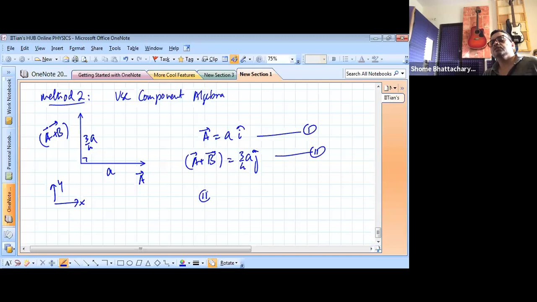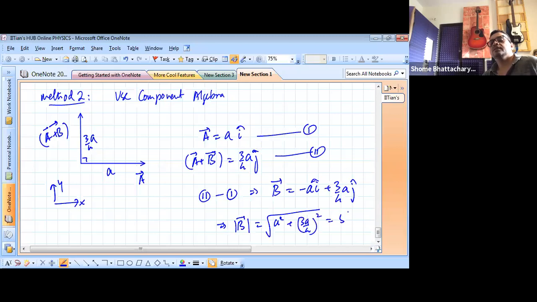Now subtract the two equations. So 2 minus 1 will tell us that the vector B is minus a i cap plus 3/4a j cap. So the magnitude of B is the root of a square plus 3a/4 whole square. That is 5a/4. So that will again tell you the same.